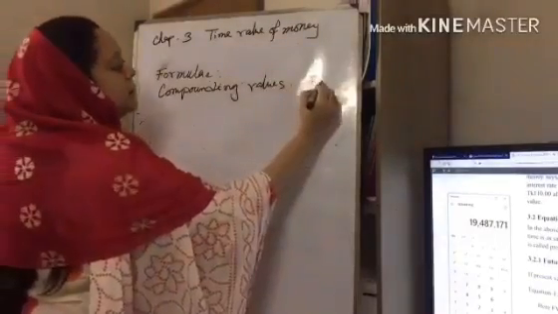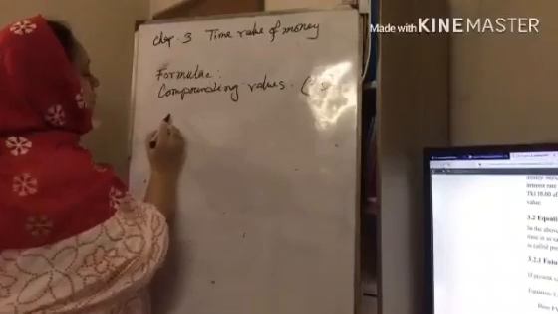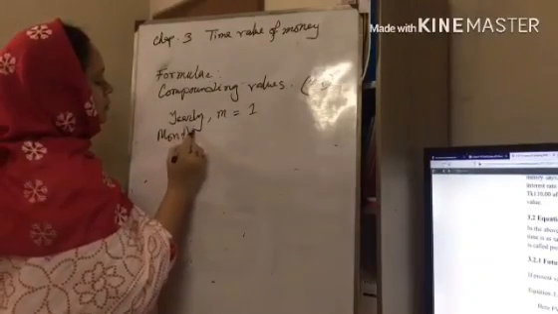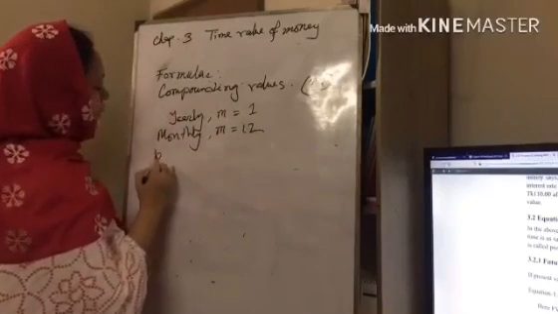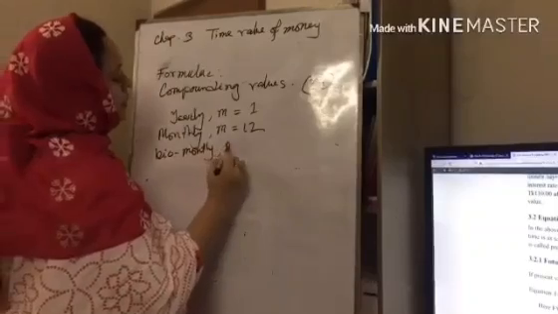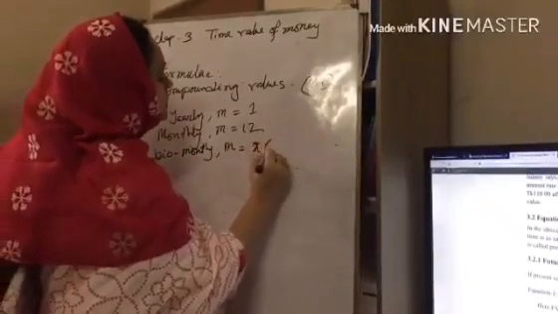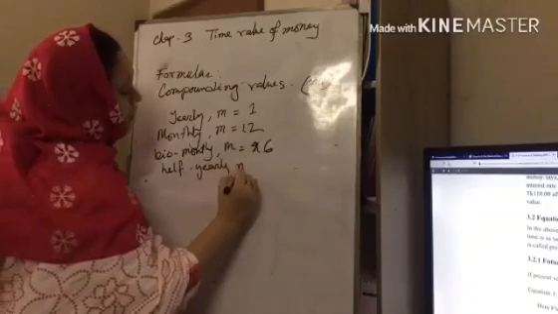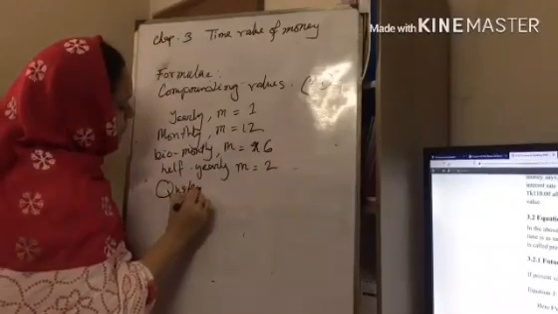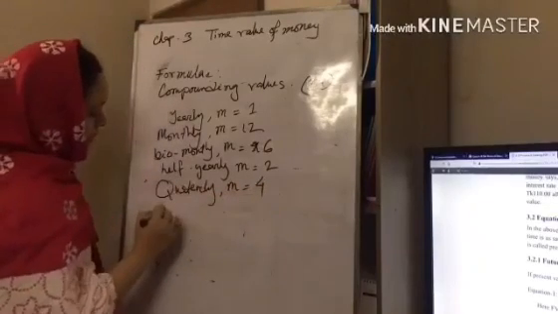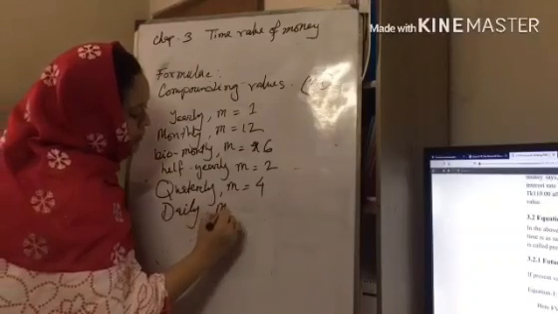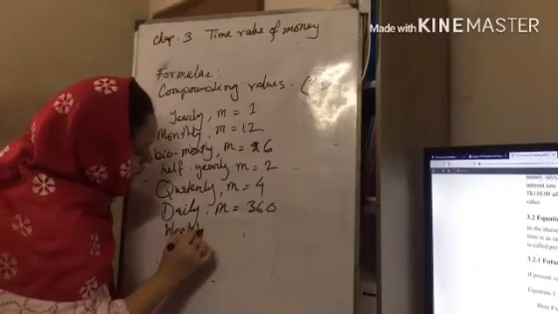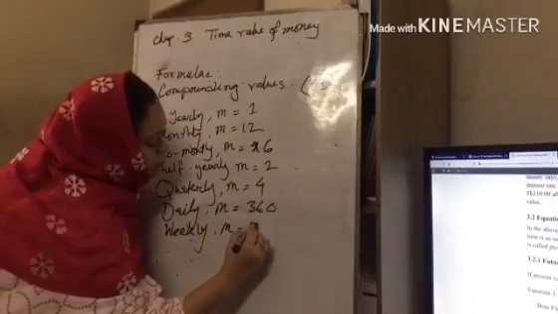The compounding values, meaning the value of M, are: yearly, M equals 1; monthly, M equals 12; bi-monthly, M equals 6; half yearly, M equals 2; quarterly, M equals 4; and daily, M equals 360, international standard 365; and weekly, M equals 52.